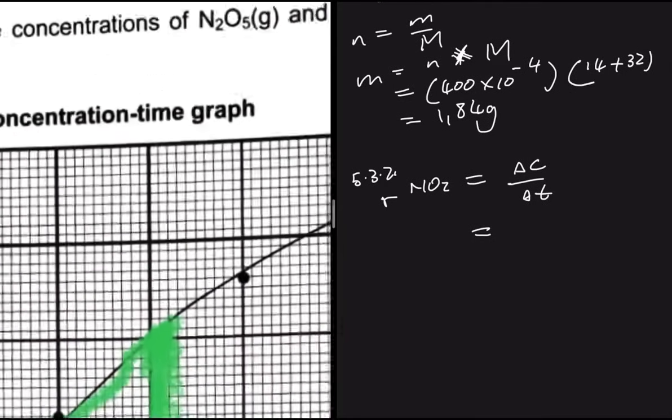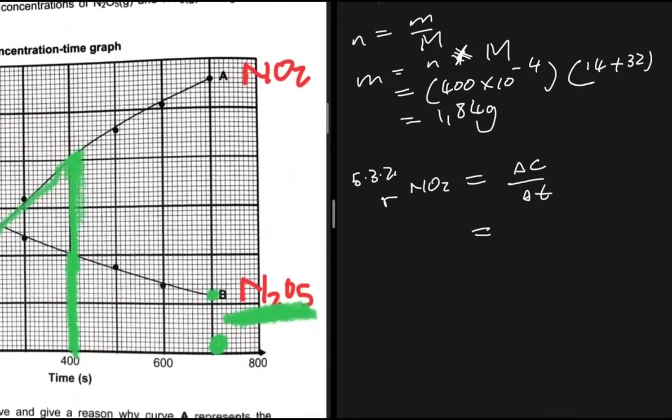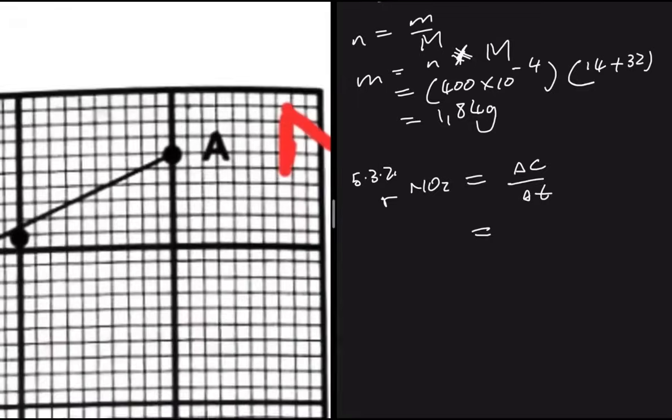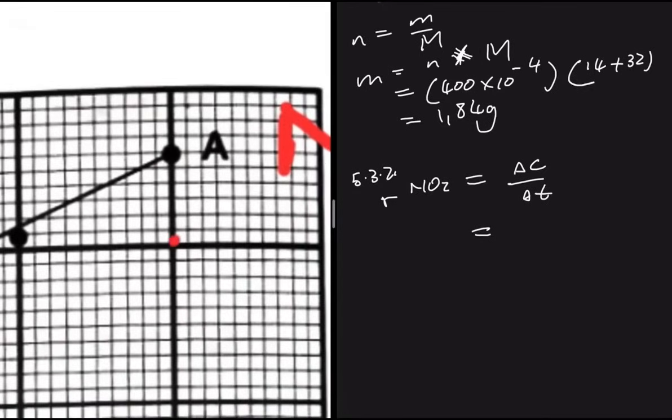So let's go ahead and find our concentration when T is equal to 700. So we have 250 here, 255, 260, 265, 270, 275, 280. So our final concentration is 280, and our initial concentration is 0, right?